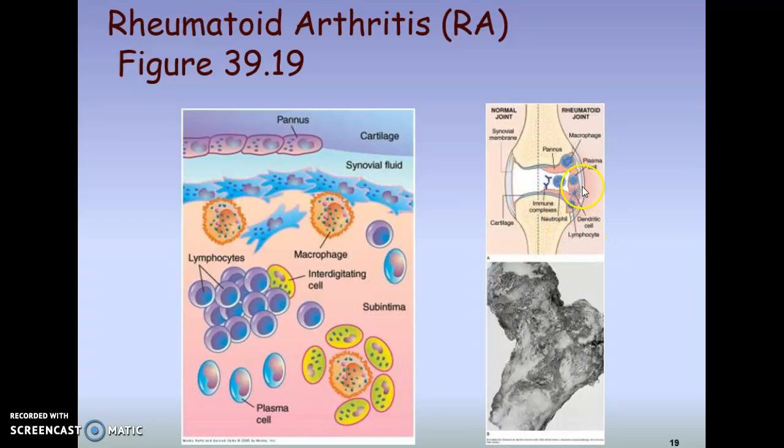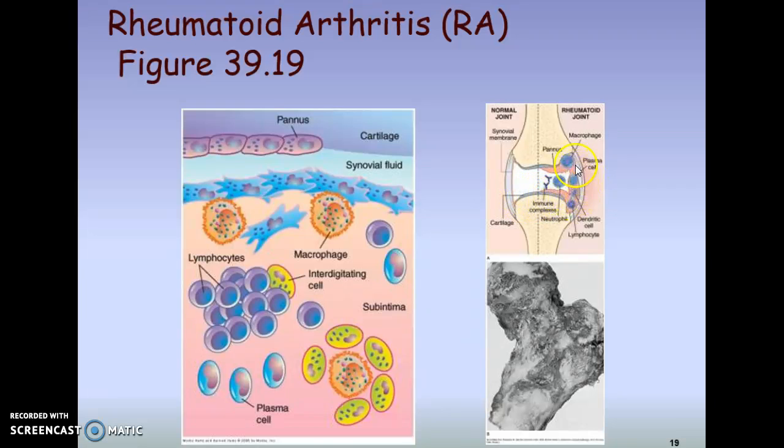This gives you a better idea of what's happening. You have those antibodies that are coming into the joint, into that synovial fluid. That's going to initiate inflammation. Macrophages are coming in, and through that process, the pannus develops. And with that continued inflammation, you have breakdown of the cartilage.